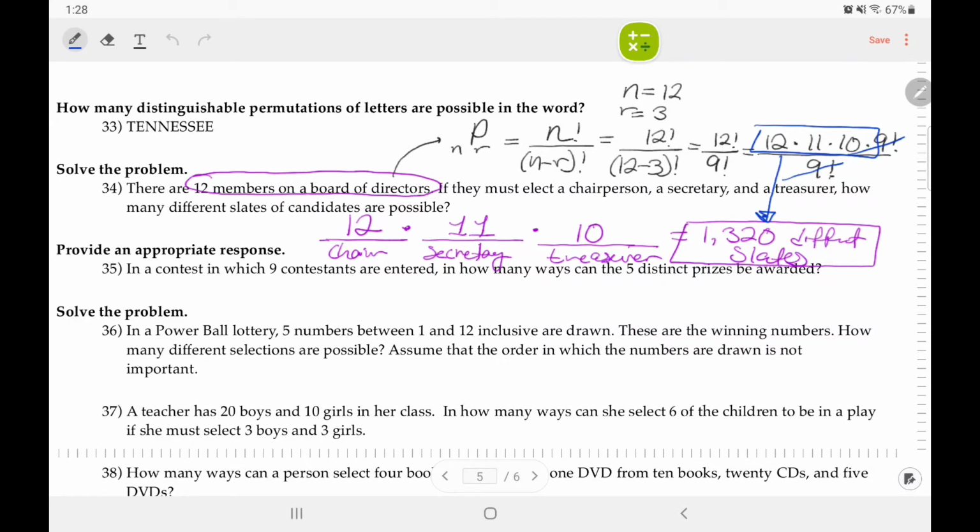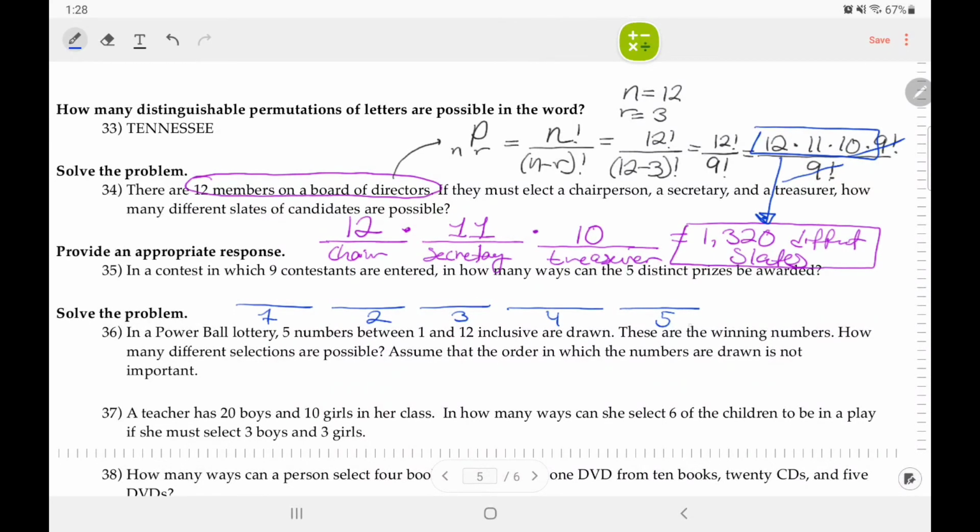The prizes are distinct and we have contestants, which means there is an order to how somebody ranks in the prize that they get. Five prizes: prize number 1, 2, 3, 4, and 5.